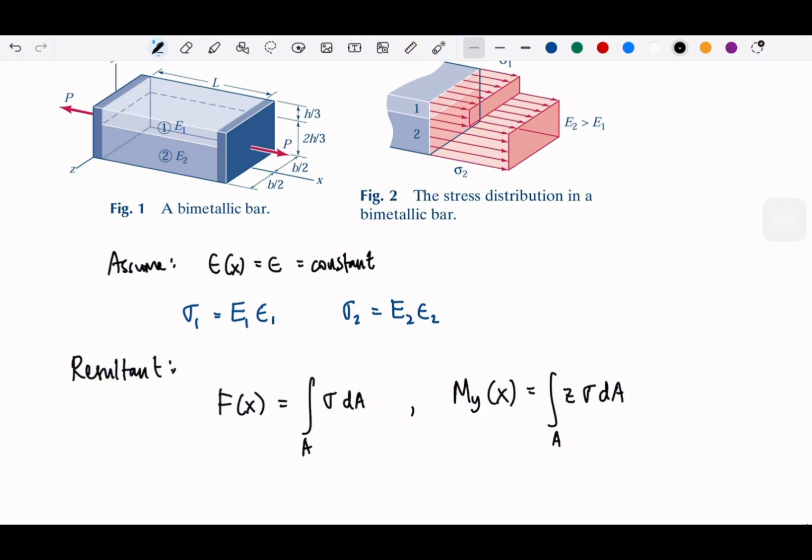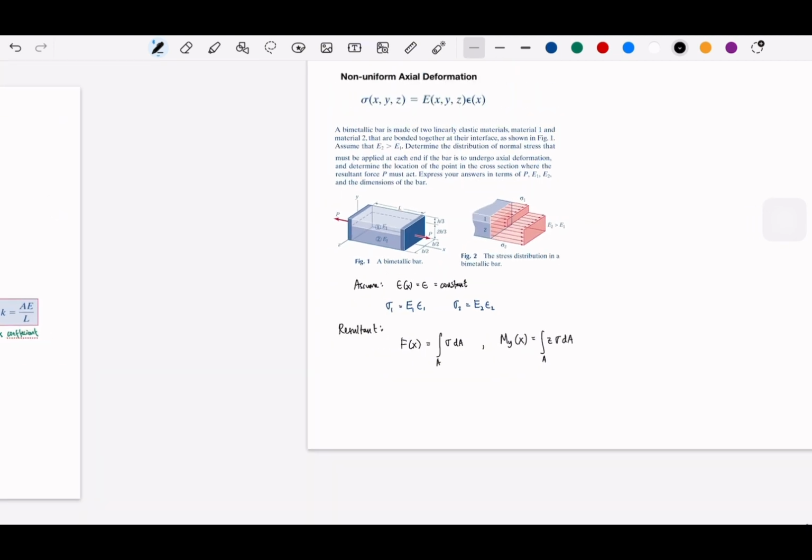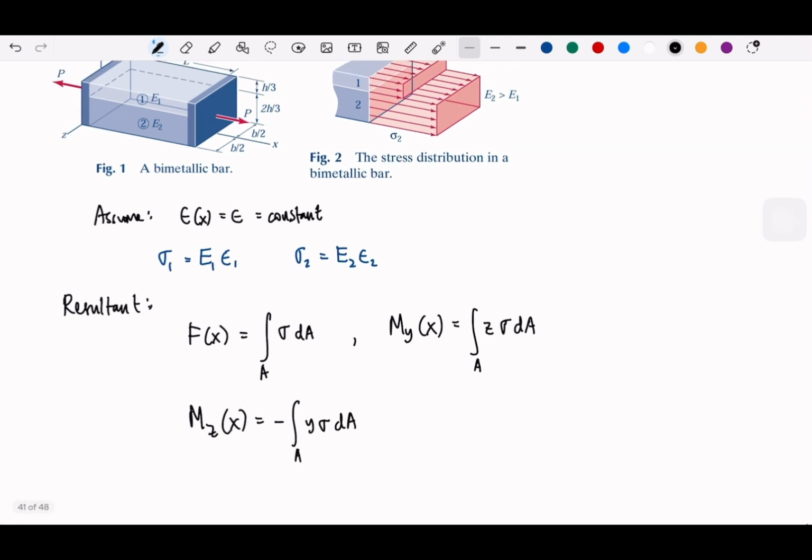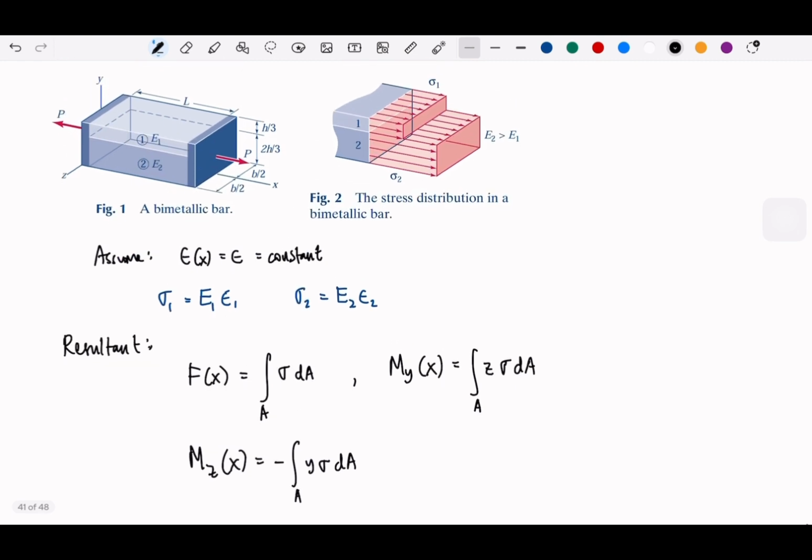So if we use our right hand, we get the positive y-axis, right? And then we take another one, the Mz. This will result in a negative because the stress, and then you go from y to this sigma, you go to the z negative, right? So the Mz is negative.